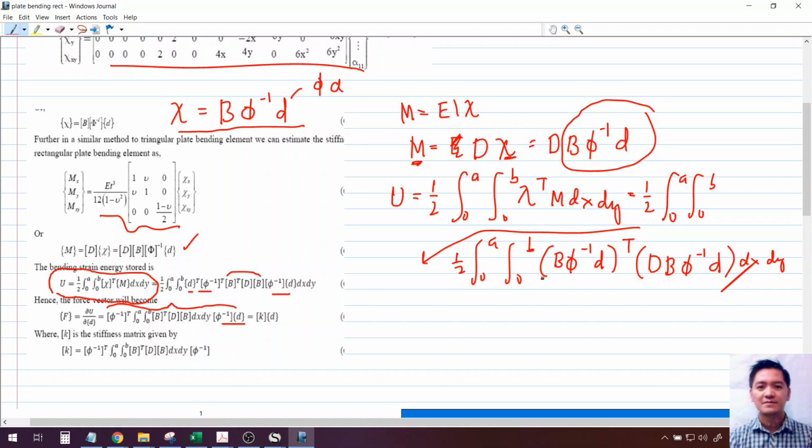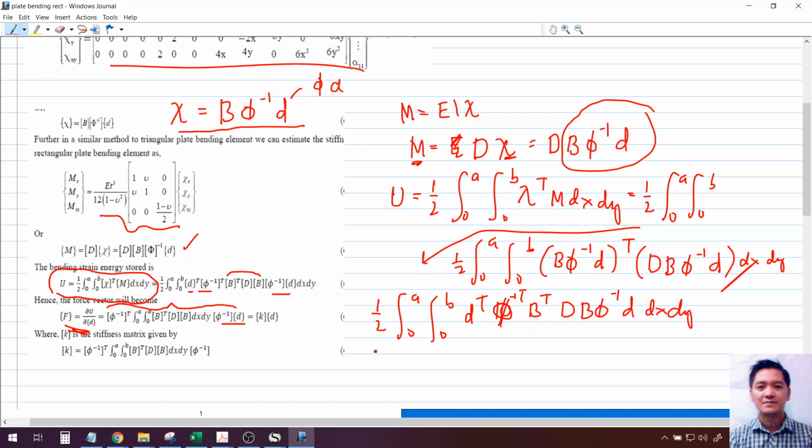Okay, wala naman. Now, further, parang sa beam ulit, may rule sa matrix na pag nag-transpose ka, magbabaliktad yung mga position ng mga yan. So, 1/2, 0 to A, 0 to B, this becomes now D transpose, phi inverse transpose, B transpose, D, B, phi inverse D, dx dy. Right? Okay, so parang sa beam, ginawa natin to. Partial derivatives, dU/dD.